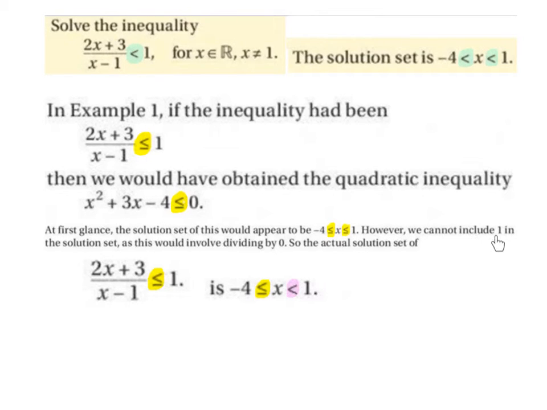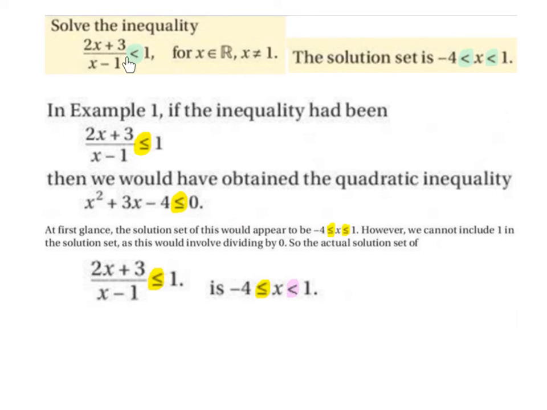However, we cannot include 1 in the solution set as this would involve dividing by 0. So the actual solution set of (2x + 3)/(x - 1) ≤ 1 is x is greater or equal to -4 but less than 1. So just be careful, this does not always happen, but it can.